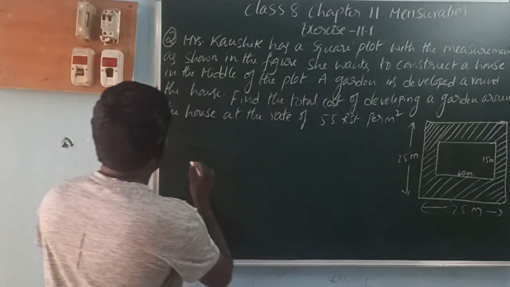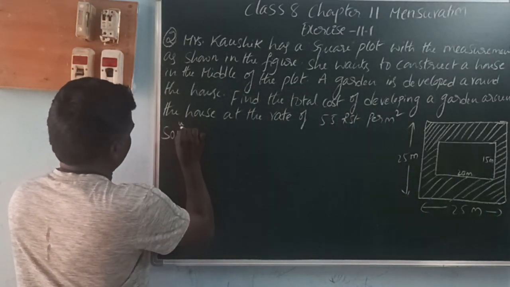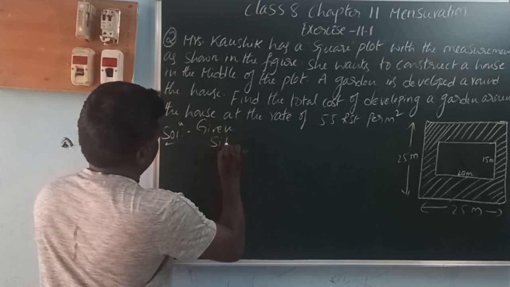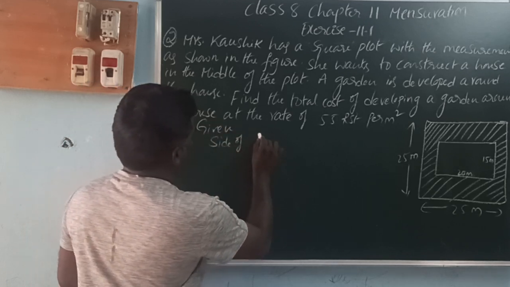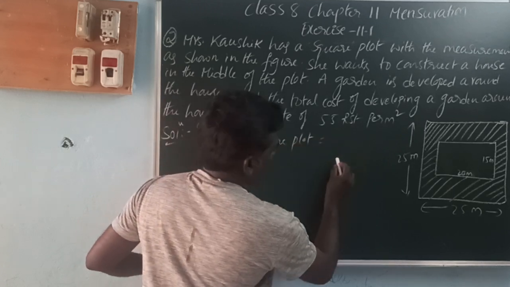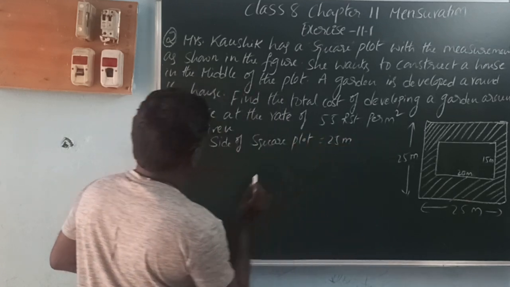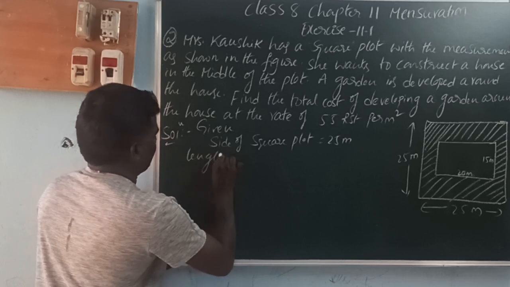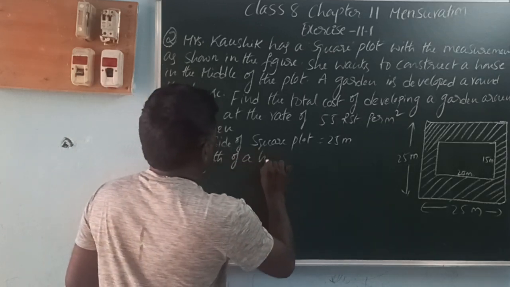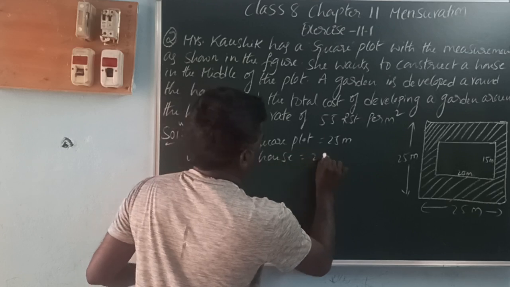So here, given: side of a square plot is 25 meter. Next, length of house is 20 meter.